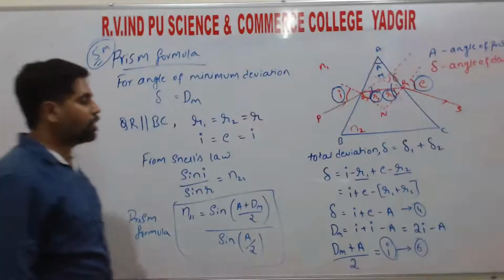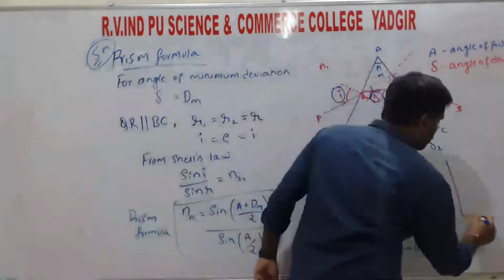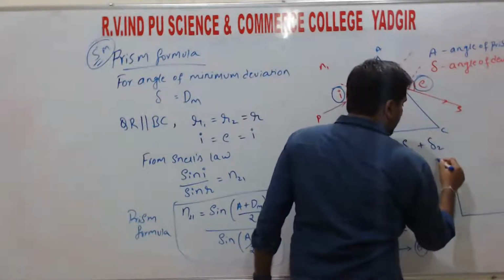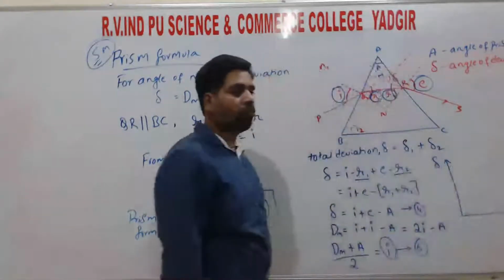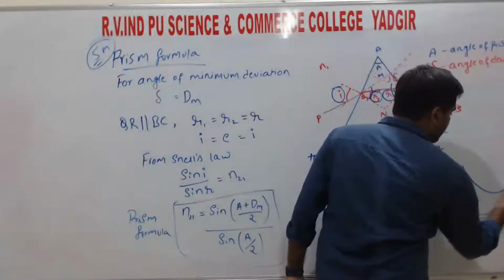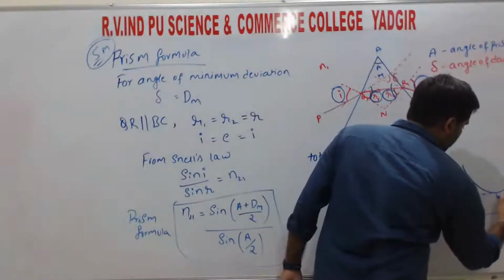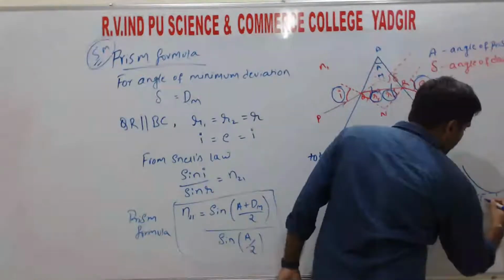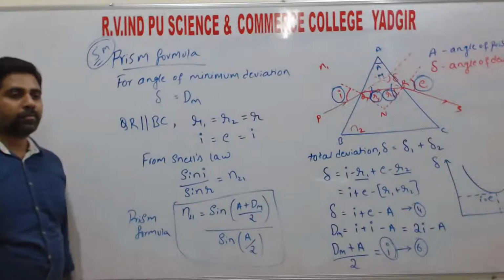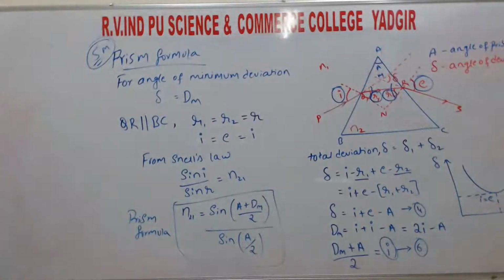Along with this we need to plot the graph, that is angle of incidence along the x-axis and deviation along the y-axis. If you plot the graph, we get it like this. So this is the condition, that is i is equal to e. This is the graph, the final conclusion.